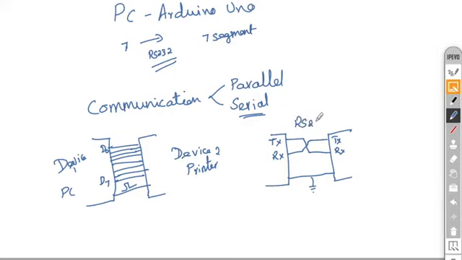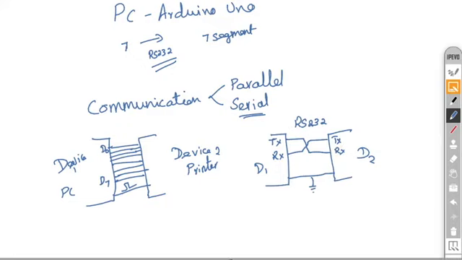It's an asynchronous transfer, and whatever data device 1 has to transmit will be sent through this TX pin, and it will be received in device 2 at the RX pin. In the same way, the TX pin in device 2 will transmit the data, and RX in device 1 will receive the data. Now you can see the number of wires is reduced, and the installation and the maintenance costs are reduced. So that is the advantage of serial communication.